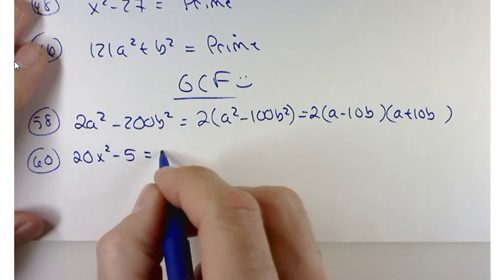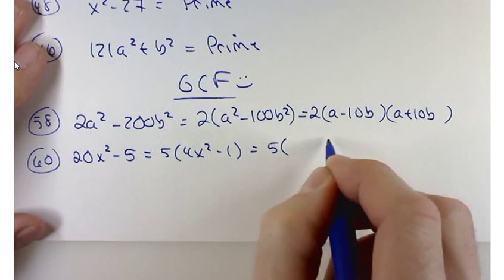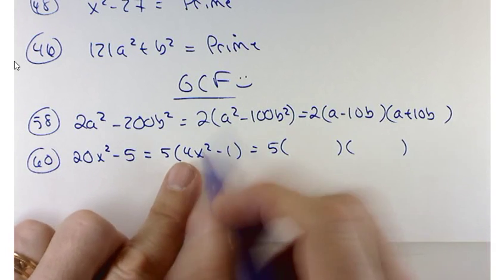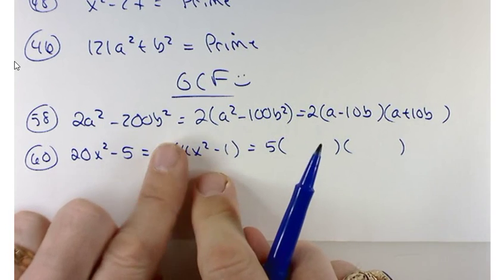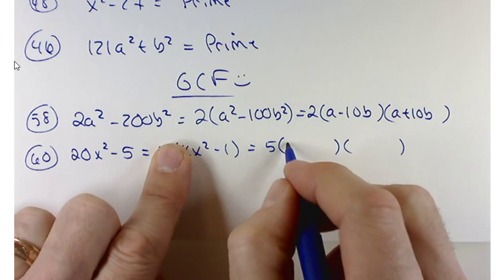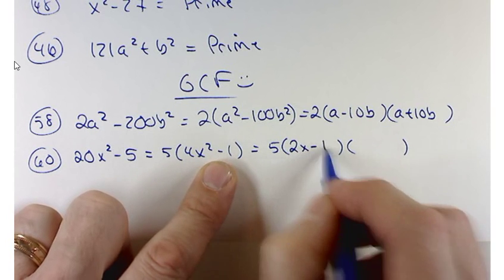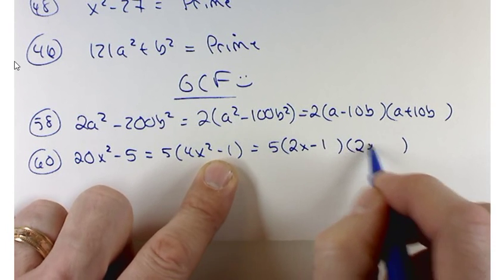So, big E, let's figure out what we square to get these. What do we square to get the 4? And then the x squared? So 2x minus, and then big E, what's the rest of it? Thank you. Cool. 2x minus 1, 2x plus 1. The 5 has to stay out in front. If you lost that 5, you're going to lose a point. The 5 is your GCF, has to stay with you.